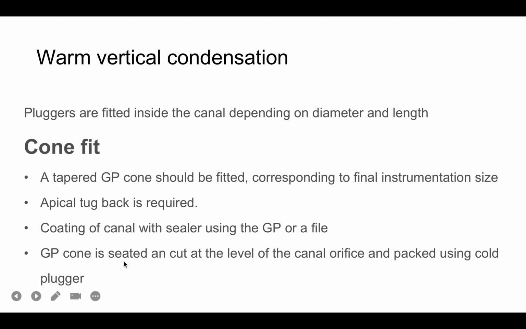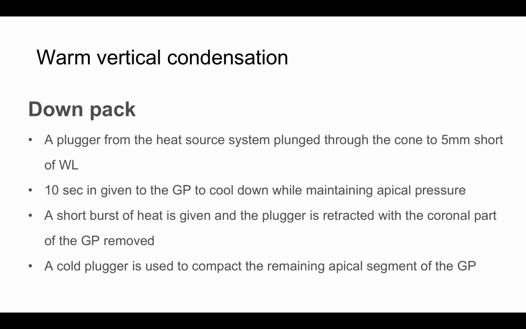So once the GP cone is seated and cut at the level of the canal orifice, it is packed using cold pluggers. Then for the second part, we are going to use a heat source such as System B, for example. A plugger from the heat source system is going to be plunged through the cone that we just placed inside the canal, all the way to 5 millimeters short of the working length.